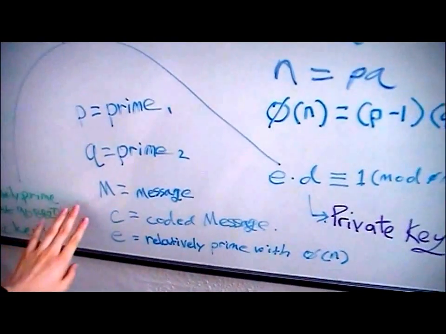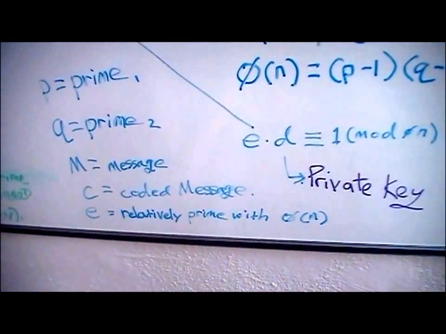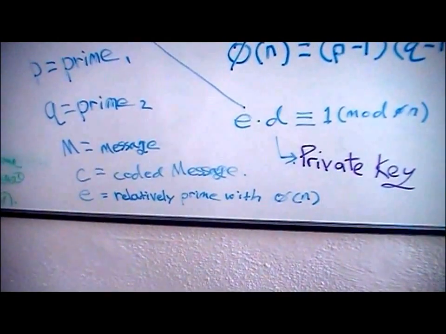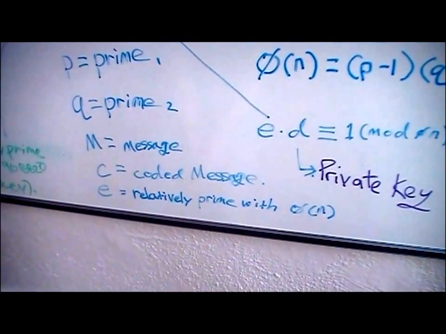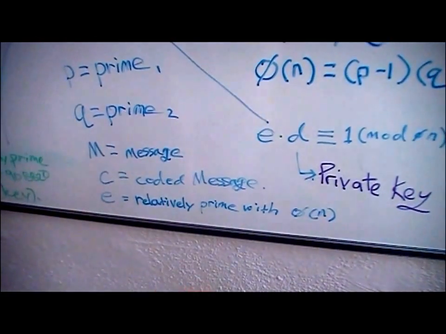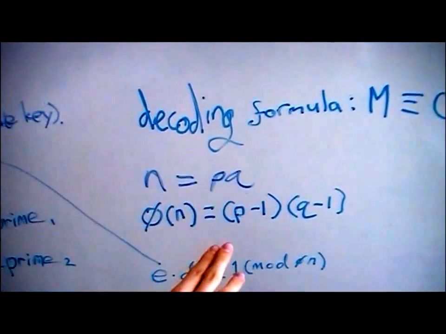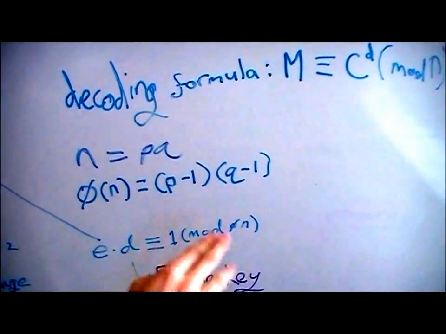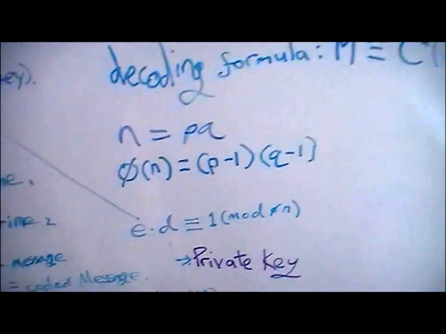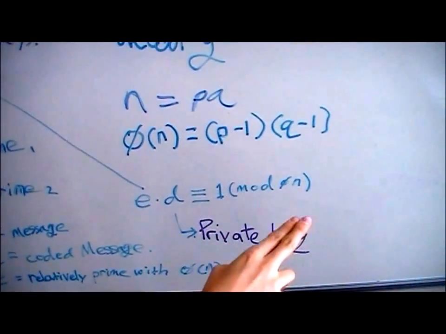Then M will be the message, and C will be the coded message. In numbers, we will be using the ASCII code. And e will be relatively prime with phi of n, and phi of n here is p minus 1 times q minus 1. So e will be a number relatively prime with p minus 1 and q minus 1.